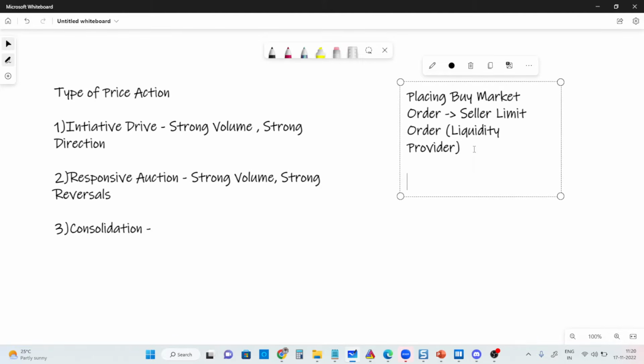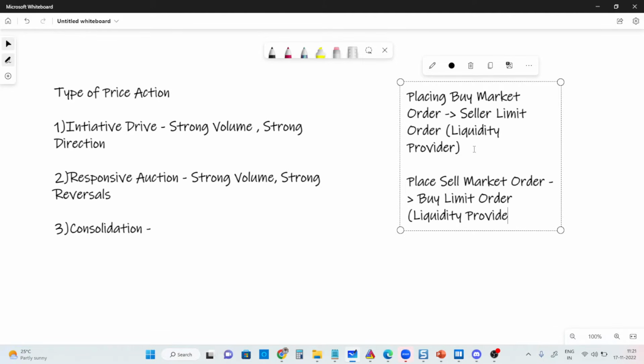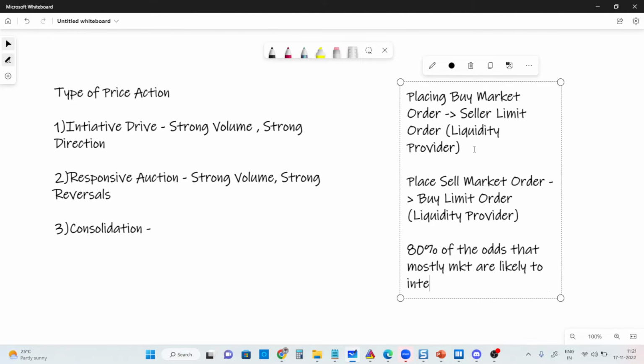If I place a sell market order, I'm selling into a limit order, mostly again from a liquidity provider. So what are the odds? 80% of the odds, market orders are likely to interact with liquidity providers.